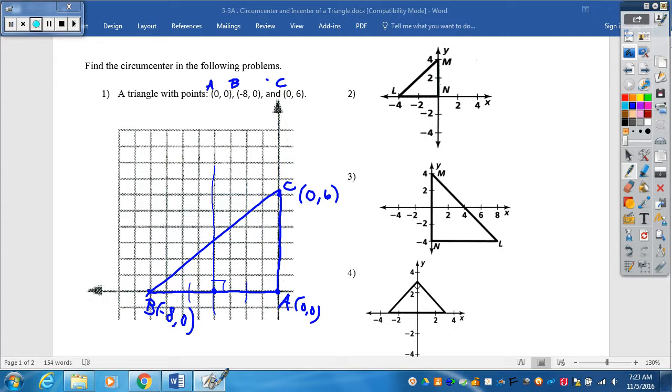Okay. Now, I'm going to do the same thing from the other leg over here. So if I do the midpoint between 0 and 6, I'm going to do 3. 1, 2, 3. Midpoint. Perpendicular bisector. Okay. And that point right there is considered my circumcenter.